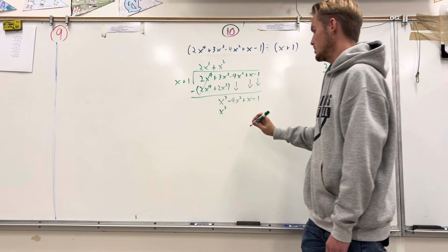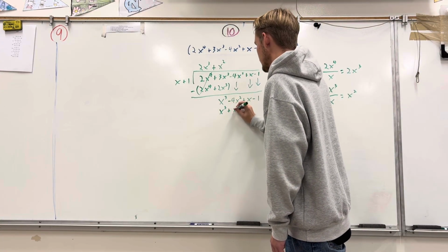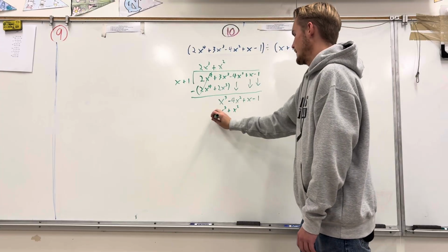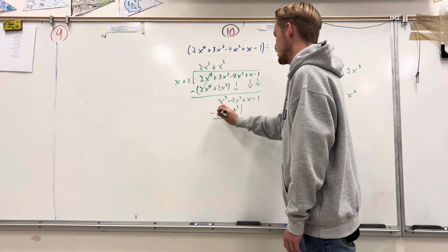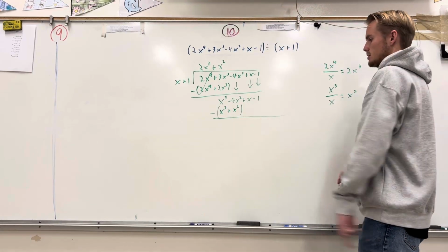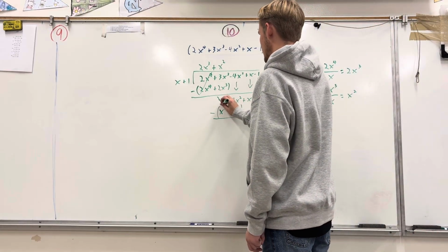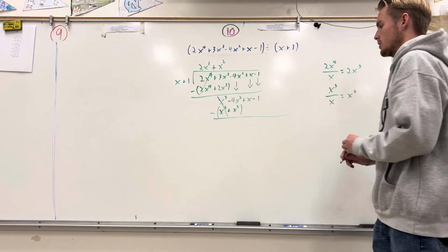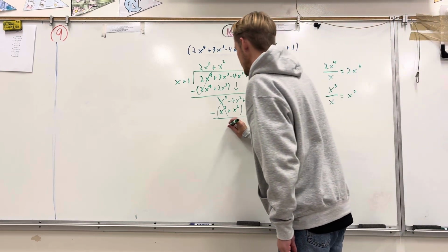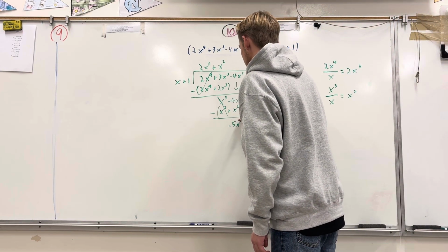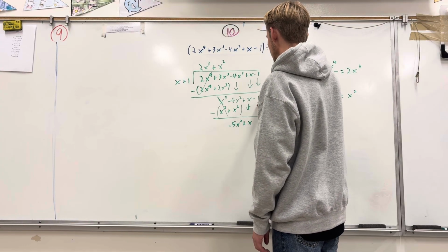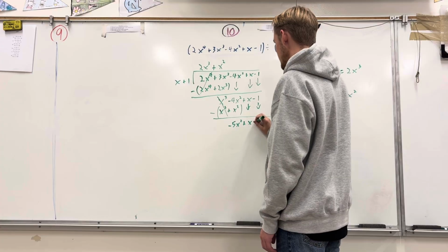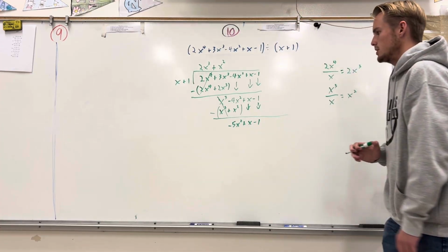X squared times 1, that just gives us plus x squared. And so now, once again, we are subtracting this from this. X cubed minus x cubed, these cancel out. Negative 4x squared minus x squared, that's just negative 5x to the power 2, and then x, negative 1, those just drop down, so plus x minus 1.